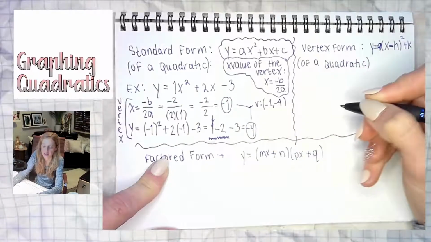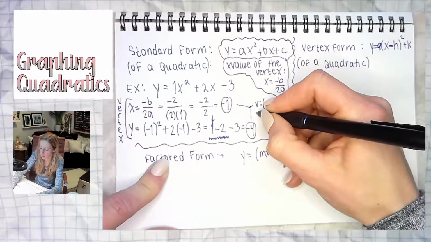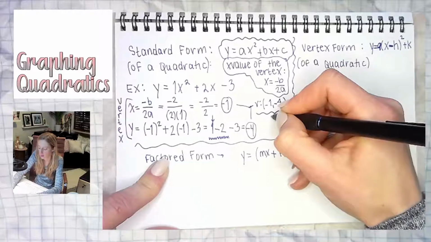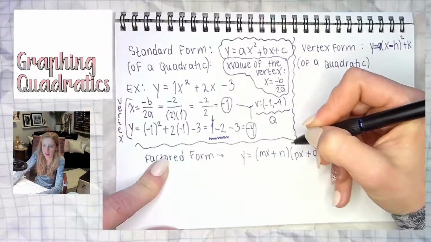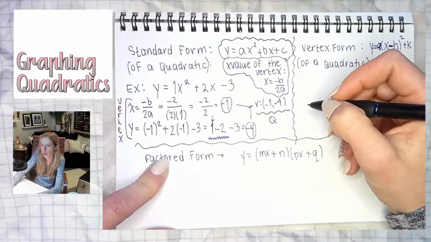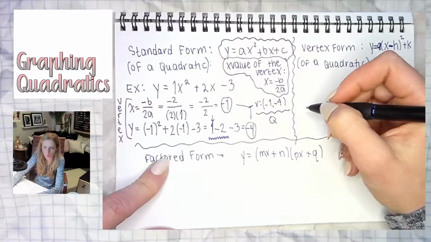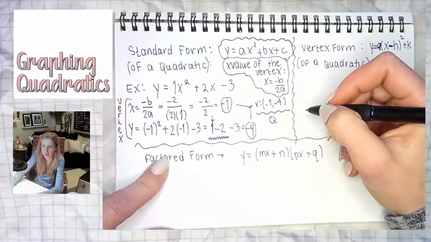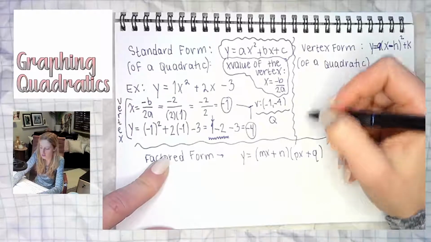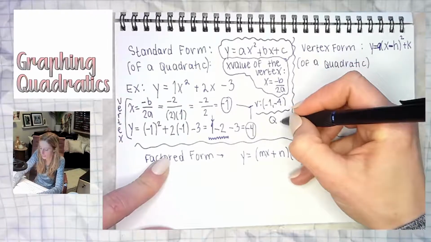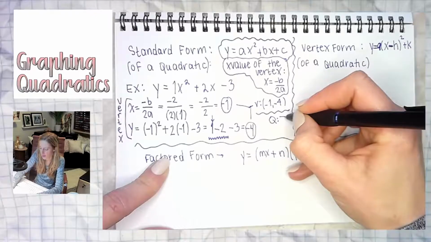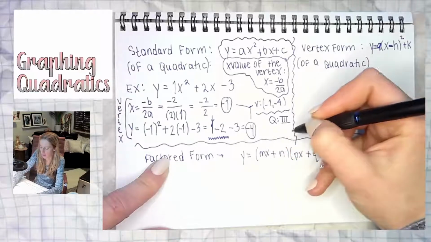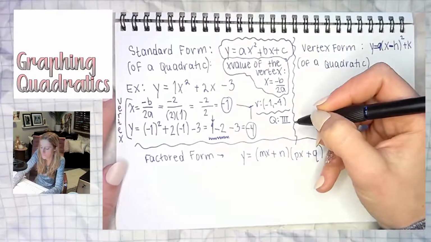What quadrant is that point in? What quadrant is -1, -4 going to be in? Which quadrant is that? You want to finish that, Justin, since you just told me -4? Would it be quadrant 3? Yes, quadrant 3. Good. All right, that's the bottom left corner.